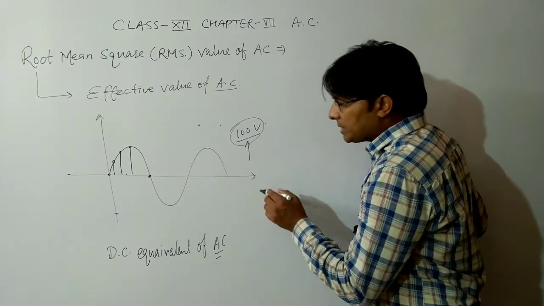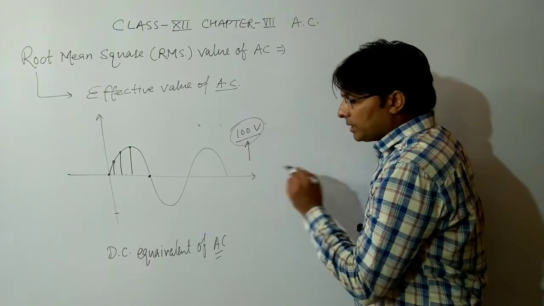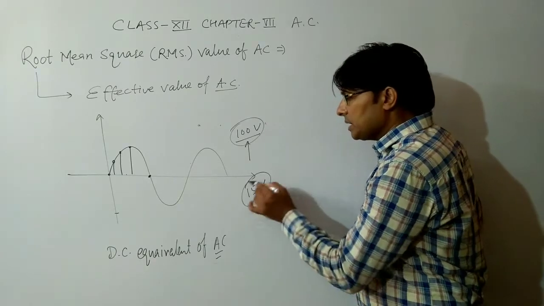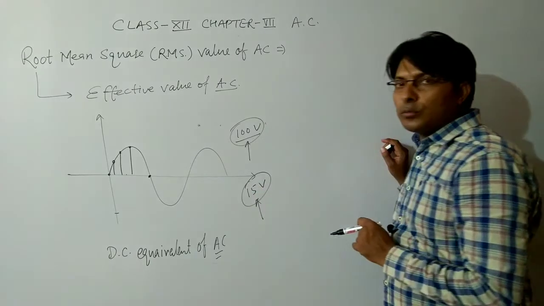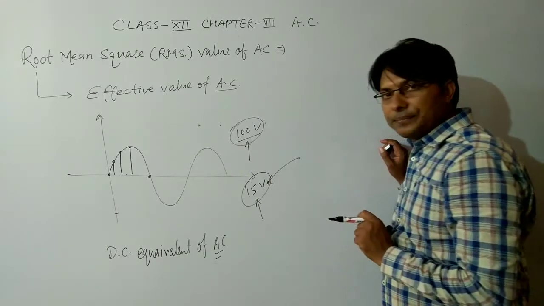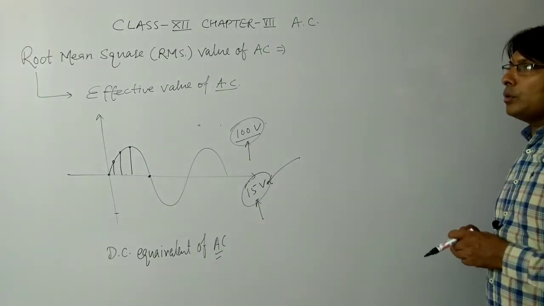If I say that root mean square value of any signal or any alternating current is 15 volt, it means this is the effective value of AC, or we can say the DC equivalent of AC. So this is the importance of root mean square value of AC.